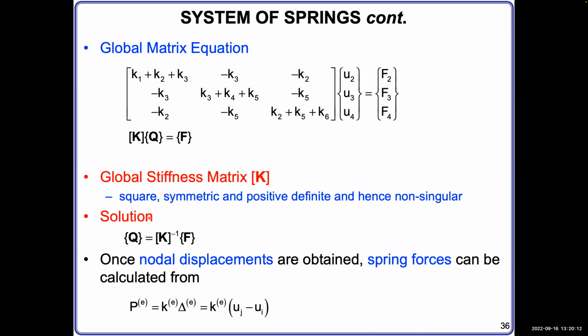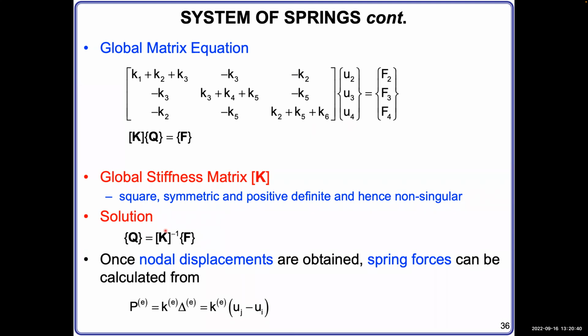Once we have this, we get the node displacements. Then for each spring we know the displacements, because U1 and U5 are 0, and U2, U3, U4 can now be solved from here.